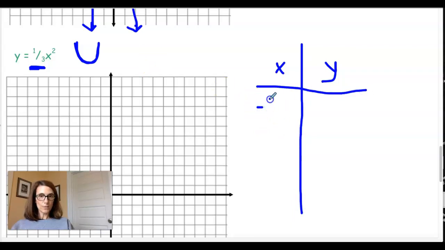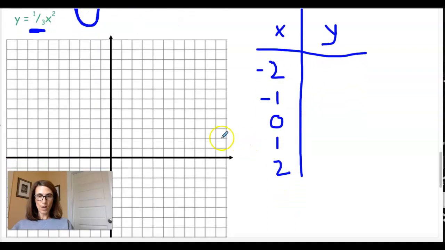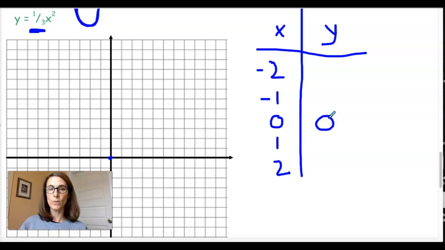So we'll go with negative 2, negative 1, 0, 1, 2. And again, our graph is going to open up. And we're going to have a vertex, which this time will be our minimum point at (0, 0). So I'm going to just fill that 0 in for right now.